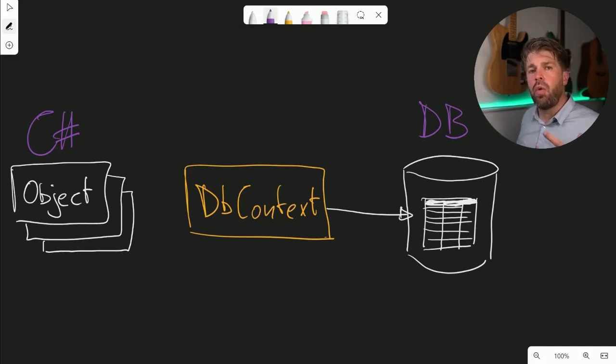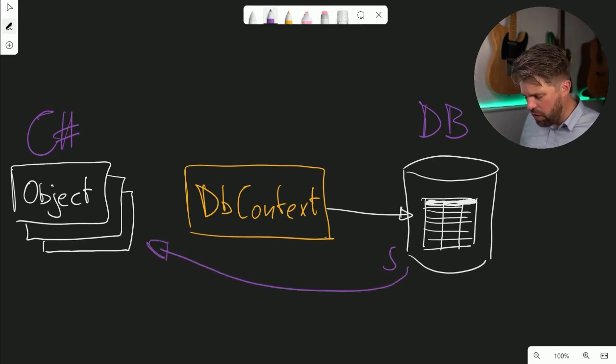So when I call one of the APIs on the DB context to query data in the database, what will happen is a select will be executed on the database side, and it will be returned and materialized as objects, not as rows.